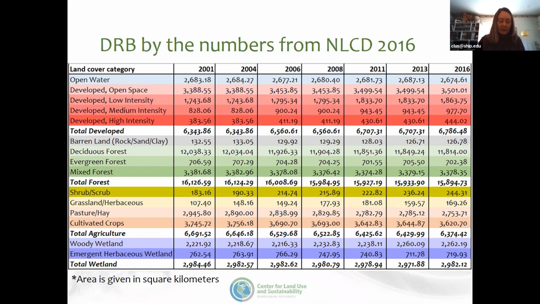So again, the rates of change vary, but those trends are relatively consistent over time. So that's our new baseline from NLCD 2016.